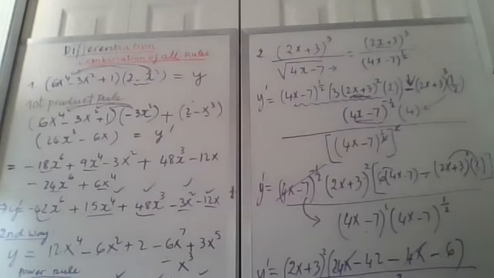All of them over 4x minus 7 to the power 3 over 2. Okay, is there anything else we can simplify further? I think that's it.